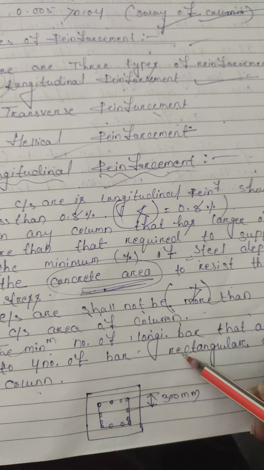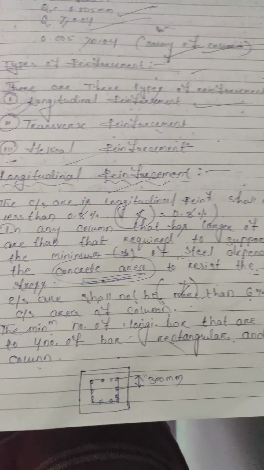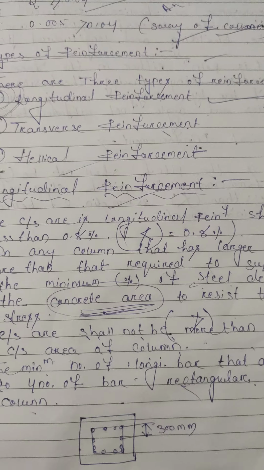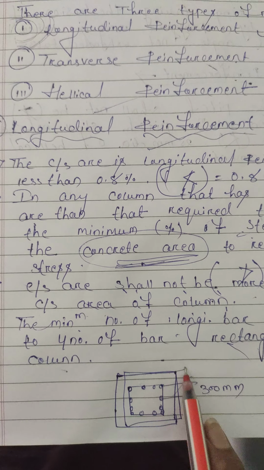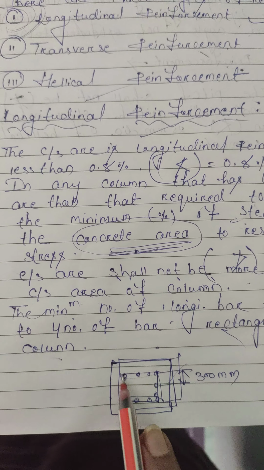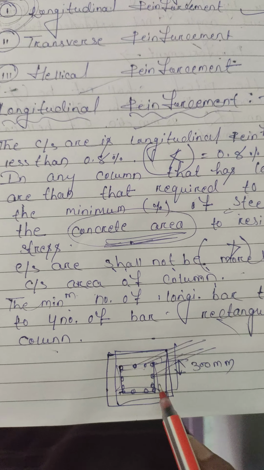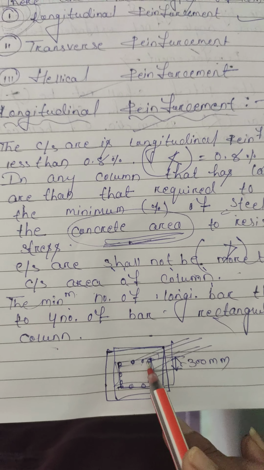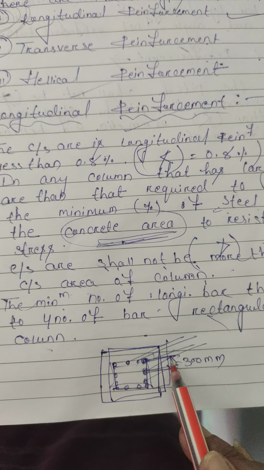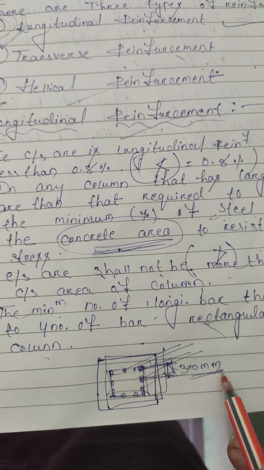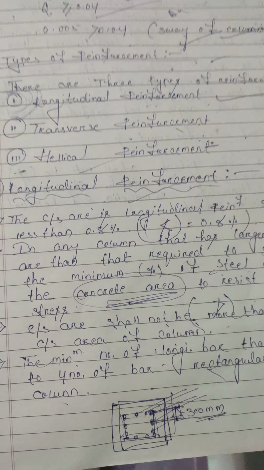The minimum number of longitudinal bars to be provided is 4 for a rectangular or square column section. In the diagram, the middle portion is rectangular, and the longitudinal reinforcement bars are applied at the corners, with a column dimension of 300 mm.